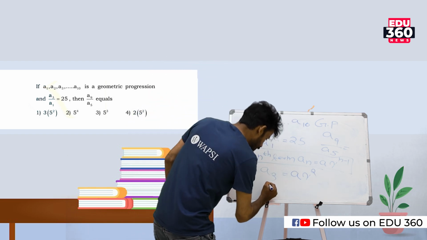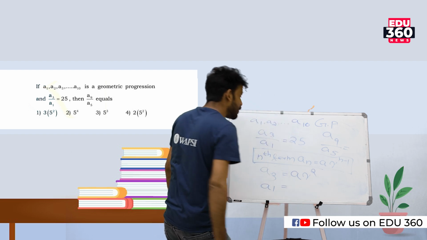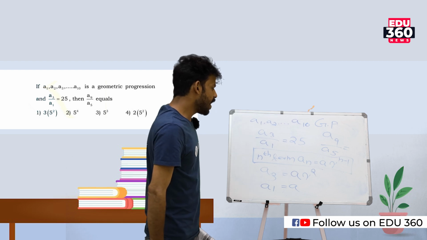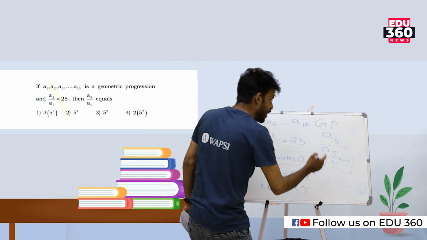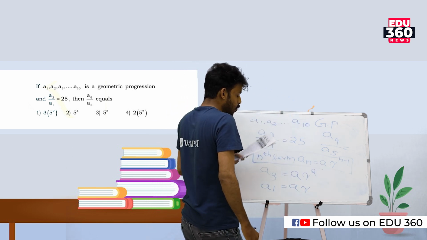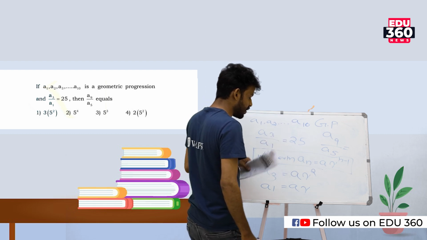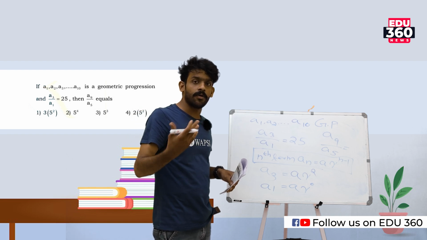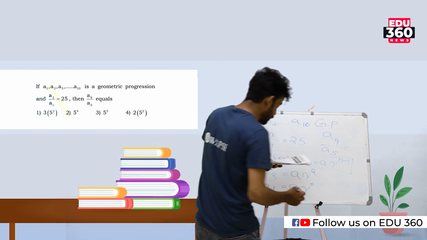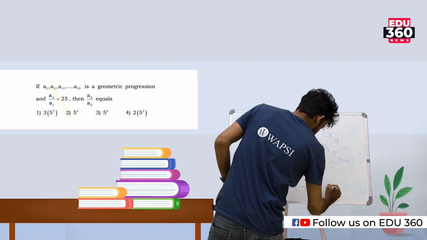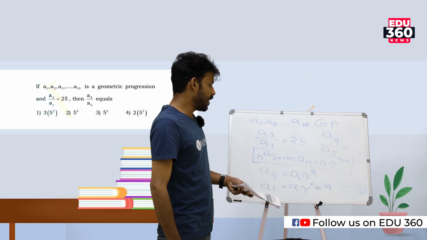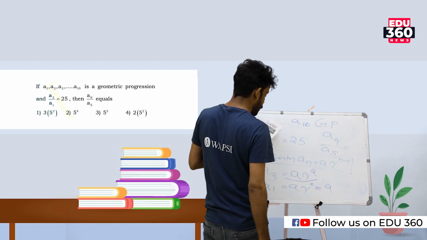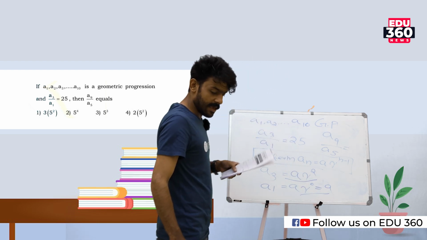And for a1, we write a into r raised to n minus 1, that is 1 minus 1, which is 0. We know that r raised to 0 is equal to 1. So similarly, this will be equal to a. So a3 is a r square and a1 is equal to a.